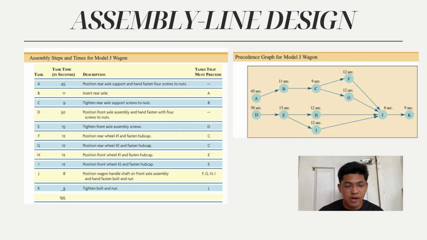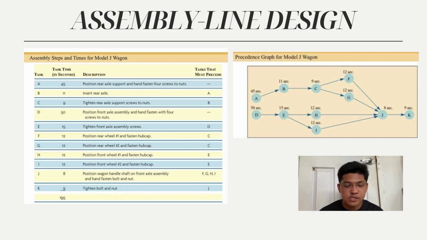In task, we have A, B, C, D, E, F, G, H, I, J, K. In time, in seconds: A has 45 seconds, B has 11 seconds, C has 9 seconds, D has 50 seconds, E has 15 seconds, and F, G, H, I have 12 seconds each. J has 8 seconds, K has 9 seconds, for a total of 195 seconds.